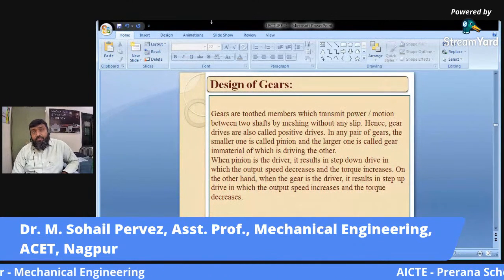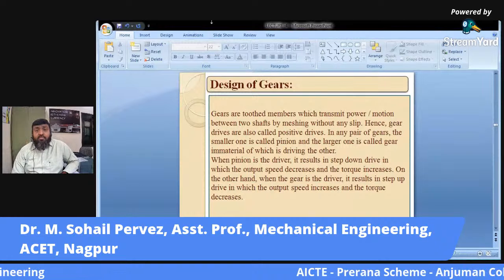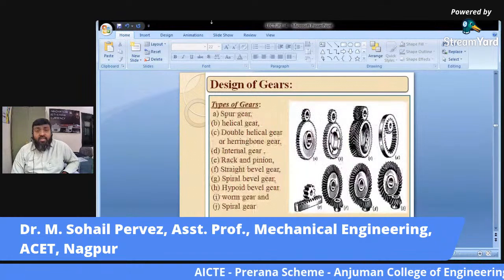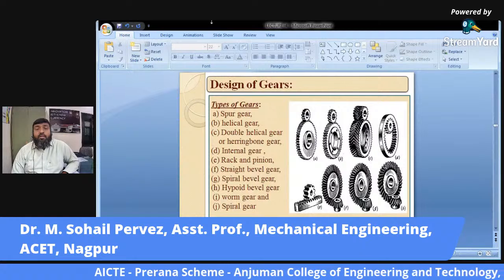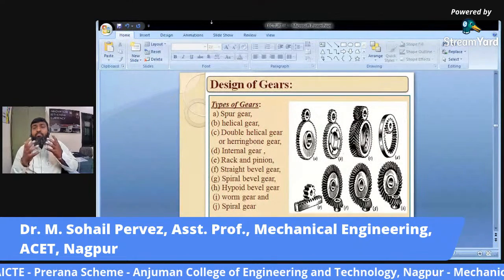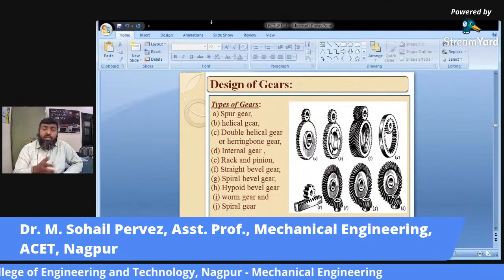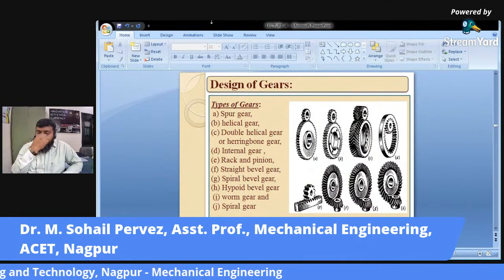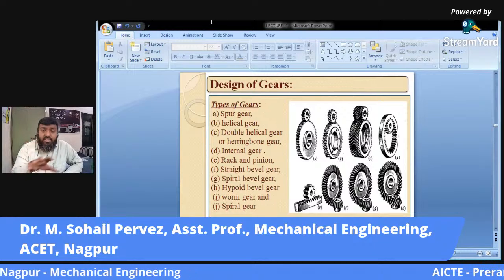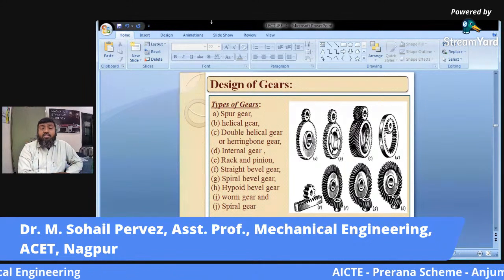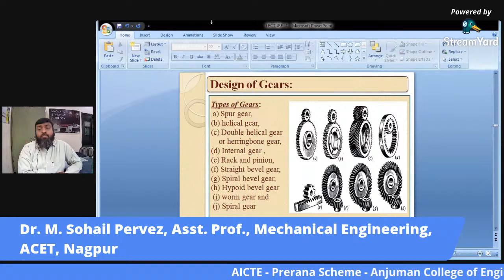Design of gears. Gears are nothing but toothed mechanical elements. These elements mesh with each other and transmit power from one shaft to another, from the input shaft to another. Gears are mounted over the surface of the shaft with the help of some key.